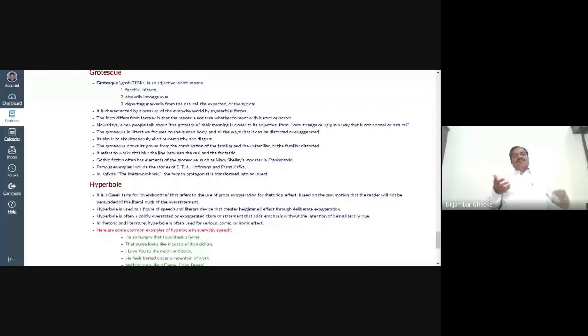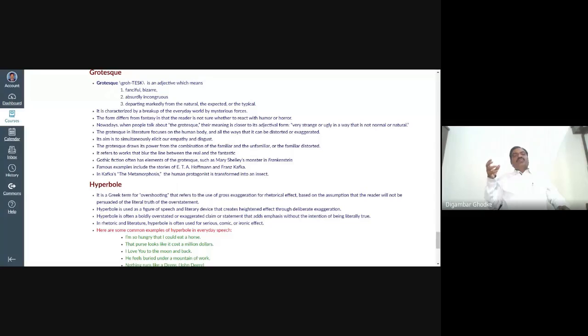So that can be called grotesque. Now, why is it used in literature? The aim is to elicit our disgust. Elicit means to bring out, to make us feel disgusted. You feel, oh my God, how ugly it is, when you see that. So that is something grotesque.